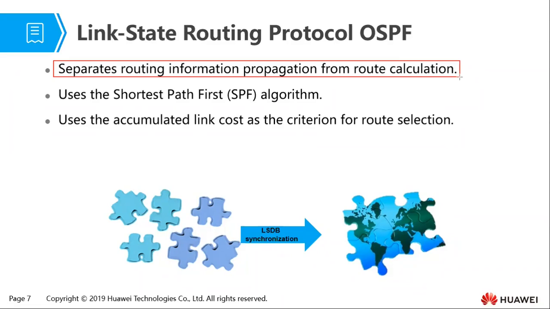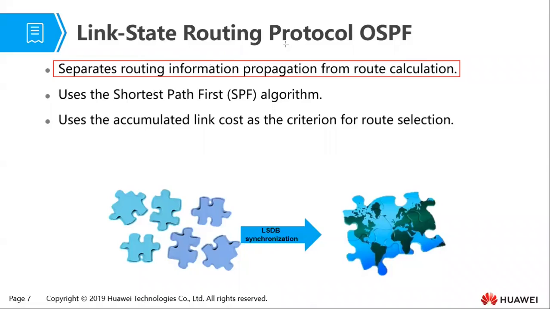Once you send that information to your neighbors, they are able to know everyone else that is on that network and who you are connected to, and they can calculate their own path to each of the routers that you've shared. So that is what we call routing information propagation.